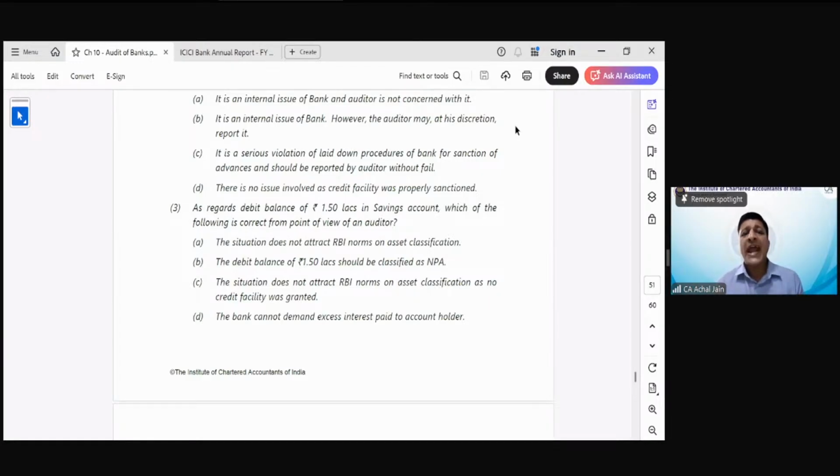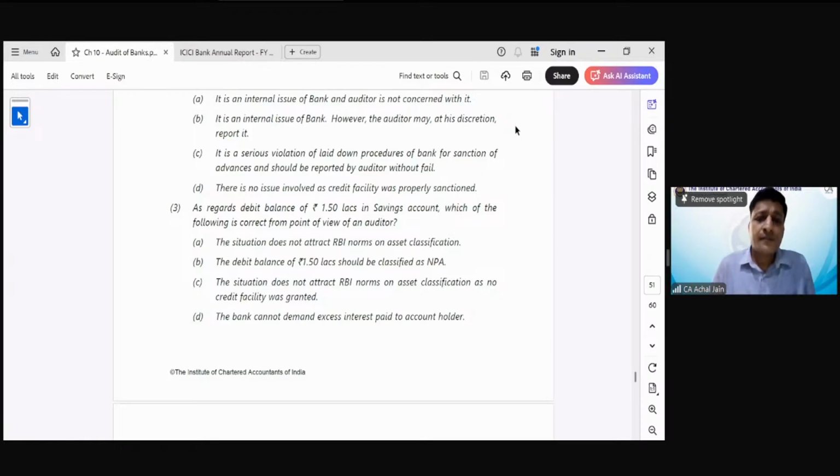Third, as regards the debit balance of 1.5 lakhs in the savings account. So what had happened? Bank first of all gave the credit to the customer. Customer must have withdrawn, and now the balance is not there in the savings account. So the bank is chasing the customer for the money, but the customer is not responding. Okay.